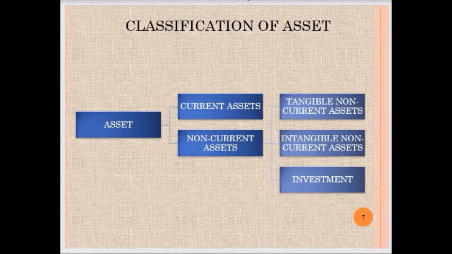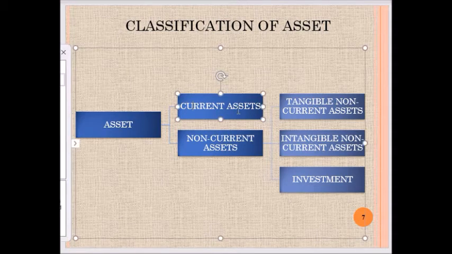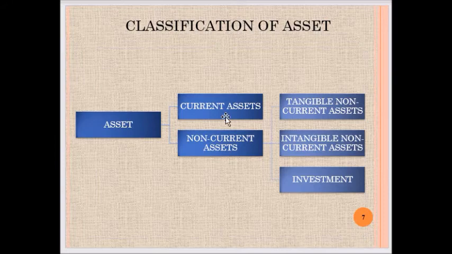Okay, so this is the summary of assets. Asset is divided into two, which are current asset, which can be gained and converted into cash within a year, and non-current asset, which is used for the operation of the business for more than a year.